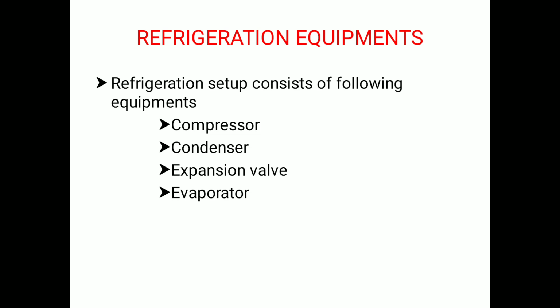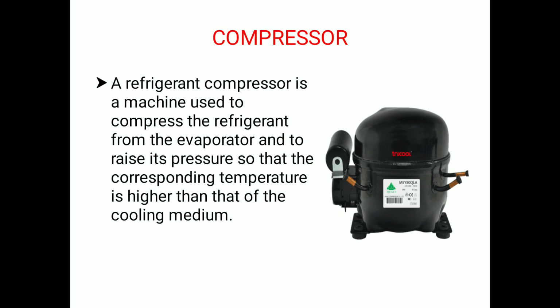So let's go to the next topic, which is refrigeration equipment. We already saw that a refrigeration setup consists of the following four important equipments. First is the compressor, then the condenser, the expansion or throttling valve, and then the evaporator. First, let's try to understand the compressor.